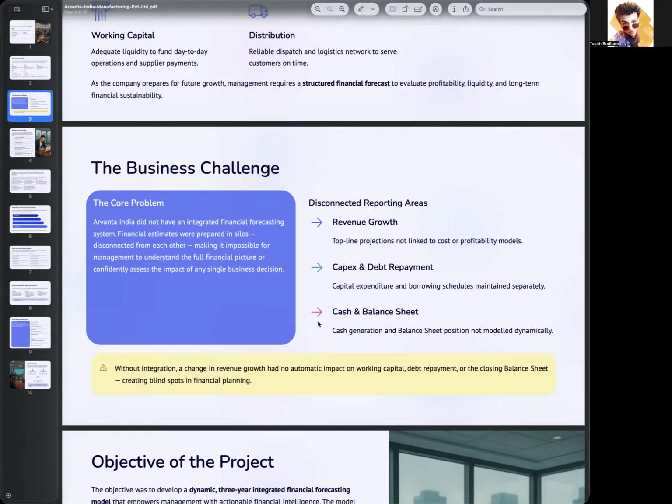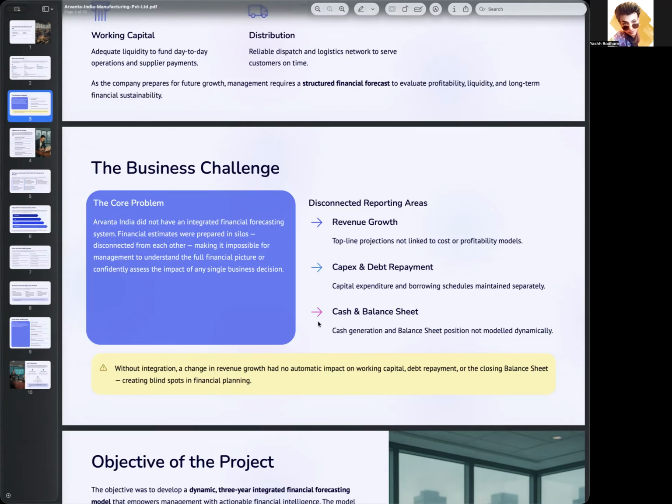The problem with this approach is that no financial decision operates in isolation. For example, suppose management changes the expected revenue growth rate. That change should automatically affect production cost, profitability, receivables, inventory, cash flow, retained earnings, and ultimately the balance sheet.